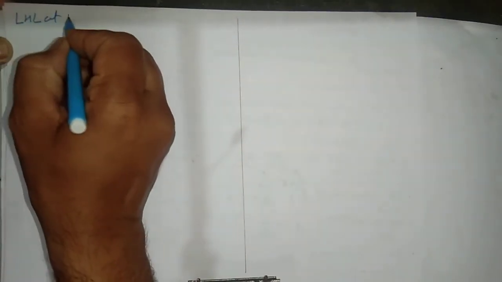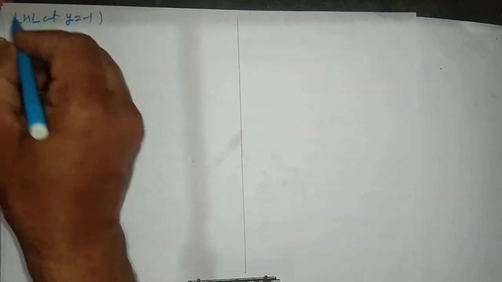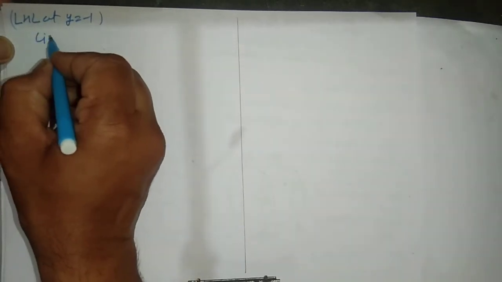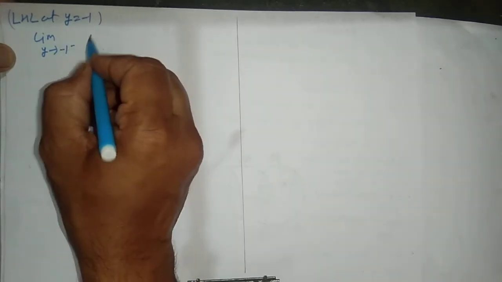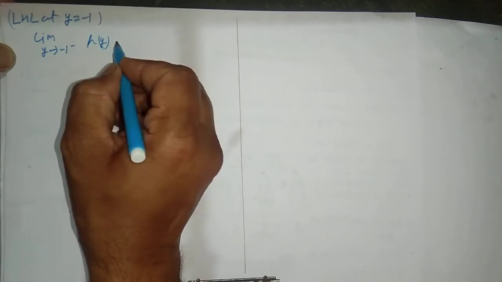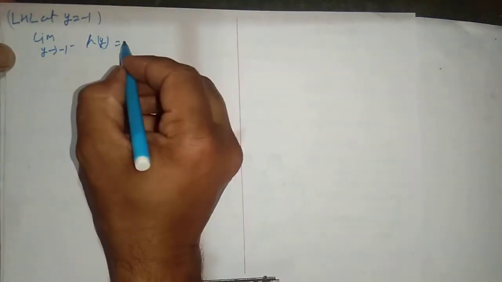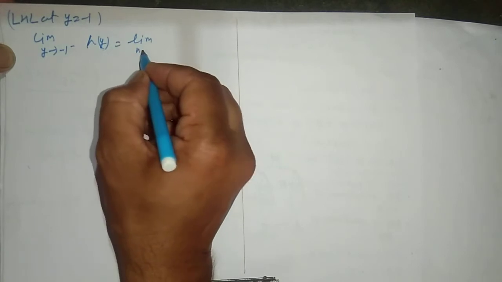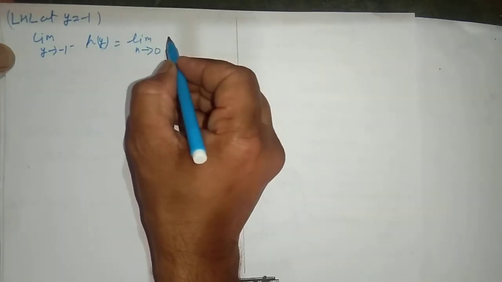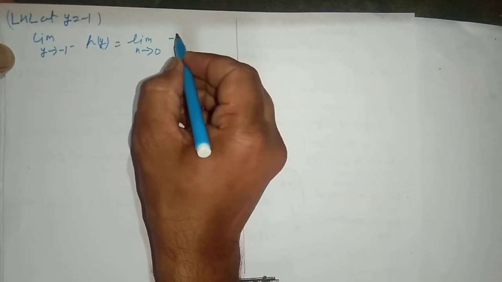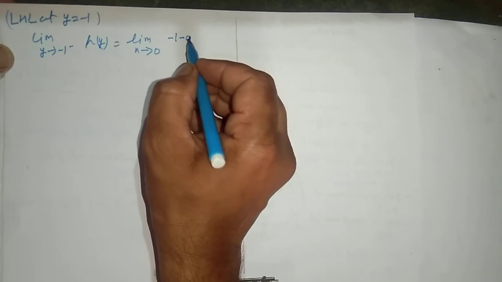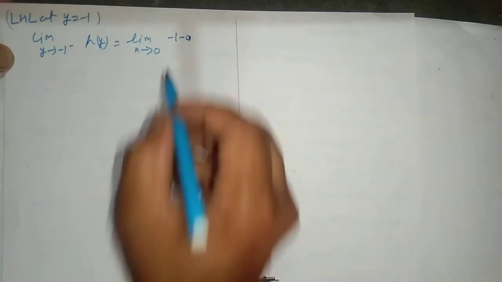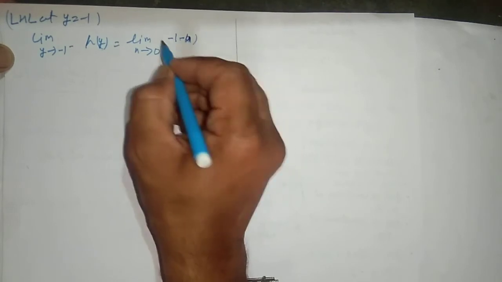Now LHL at y equal to -1: limit y tends to -1 minus of h(y) is equal to limit h tends to 0 of h(-1 minus h).